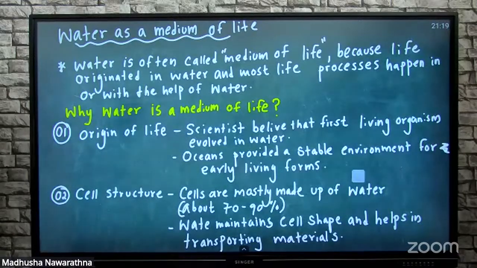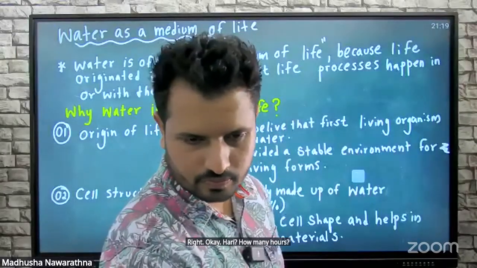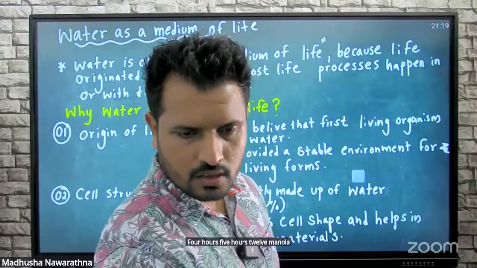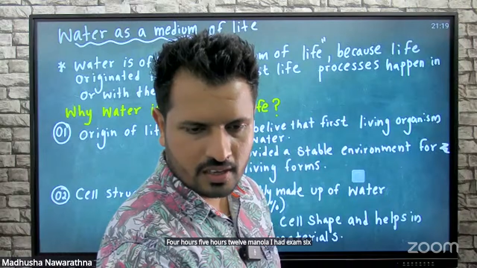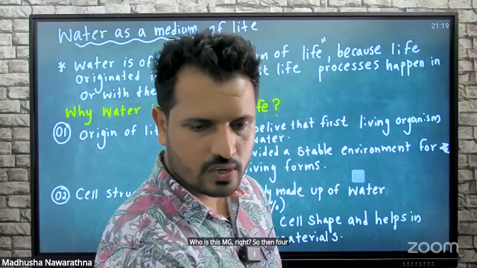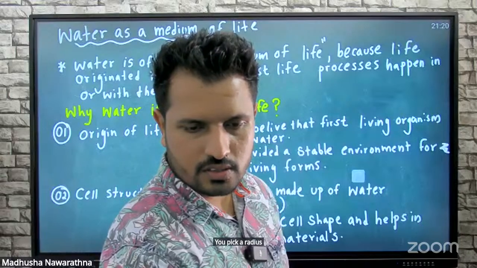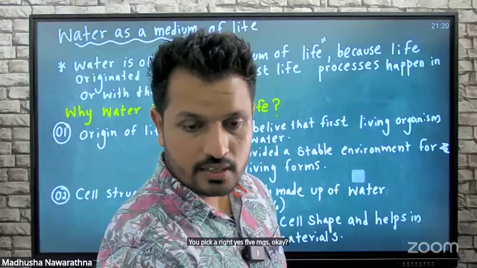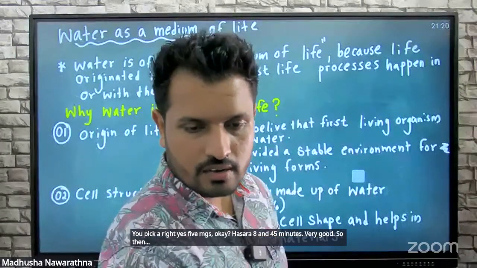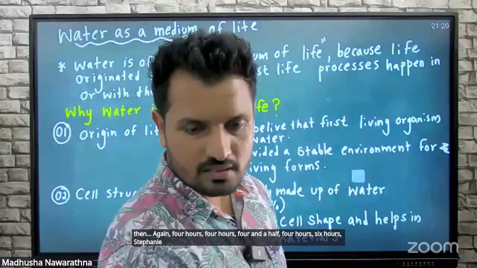Okay, how many hours? Let's quickly see. 4 hours, 5 hours, 12 hours. 6 hours. Who is this MG? 4 hours, 10 hours Ranuki, 8 hours Yuthika. 5 hours, 12 hours MG. Hasara, 8 hours and 45 minutes, very good. 6 hours Stephanie, 6 hours Chinaya.